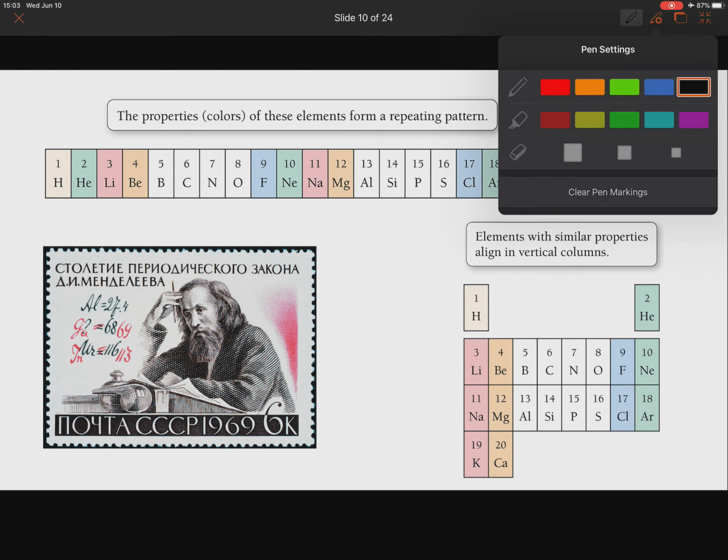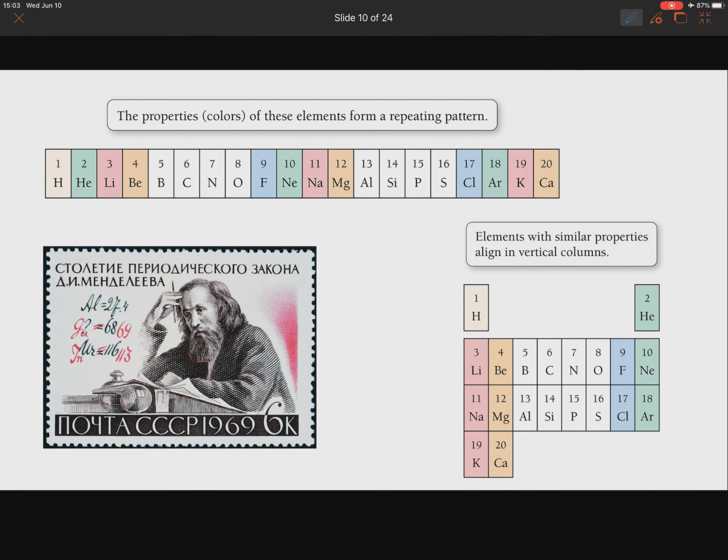I was trying to show you while I talked that lithium forms Li2O, that sodium forms Na2O, that potassium forms K2O. The same ratio of element to oxygen, 2 to 1, 2 to 1, 2 to 1. It's a repeating pattern. And so if we end up changing the periodic table's organization to stack those elements that are similar to each other, we get something that looks a lot like what we have today.